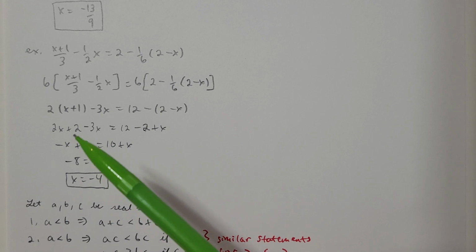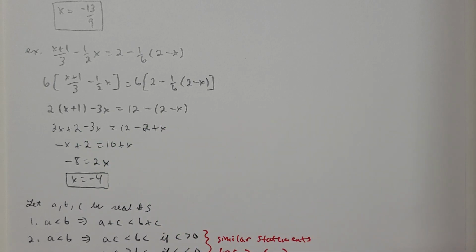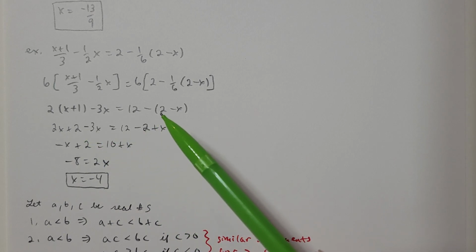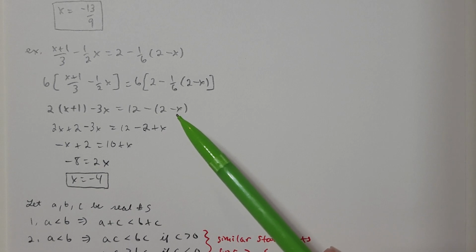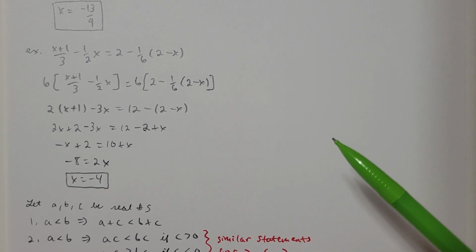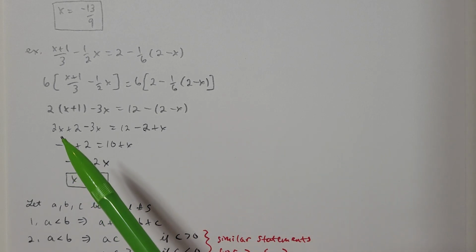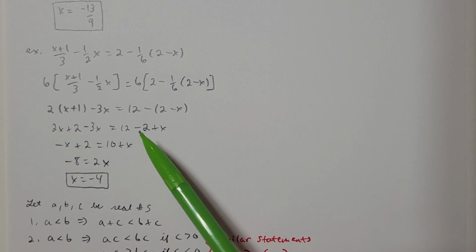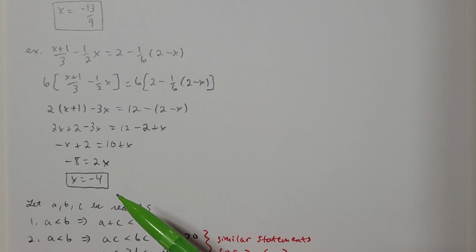Let's go ahead and distribute the 2 and then the negative 1 on the right there. So I got 2x plus 2 minus 3x equals 12 minus 2 plus x. Okay. 2x minus 3x is negative x, and 12 minus 2 is 10.